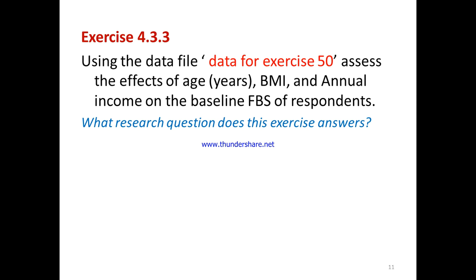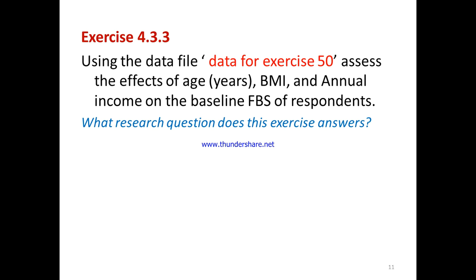In terms of research question, we can turn this into the research question: what is the effect of age, BMI, and annual income on fasting blood sugar? You can address this research question by doing this analysis.